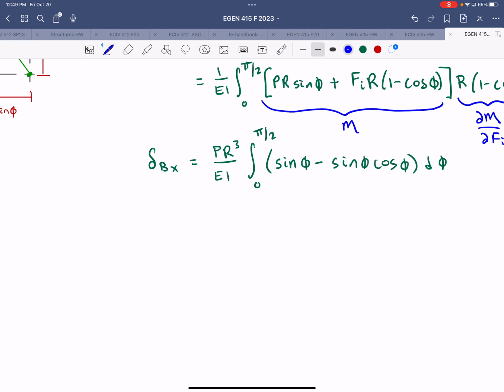So here, integral of sine, of course, is negative cosine. Integral of sine phi cosine phi is sine squared phi over 2.